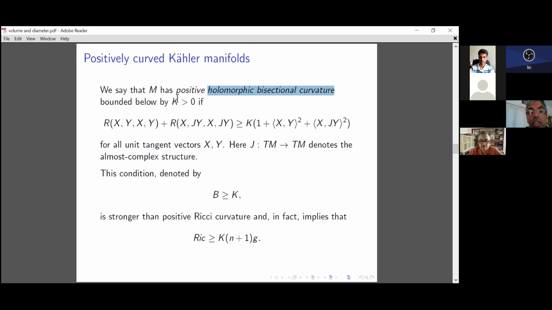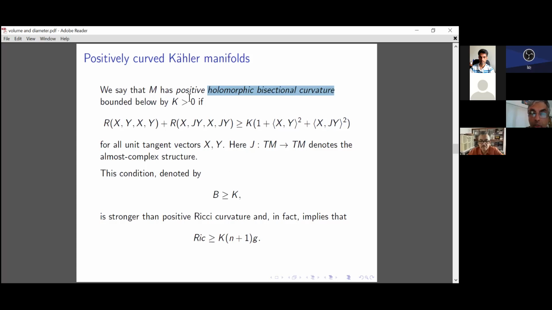Now, the funny thing is that this notion of curvature was introduced way back in the 60s by Goldberg and Kobayashi, but the theorem I'm about to state was proved only in 2006.